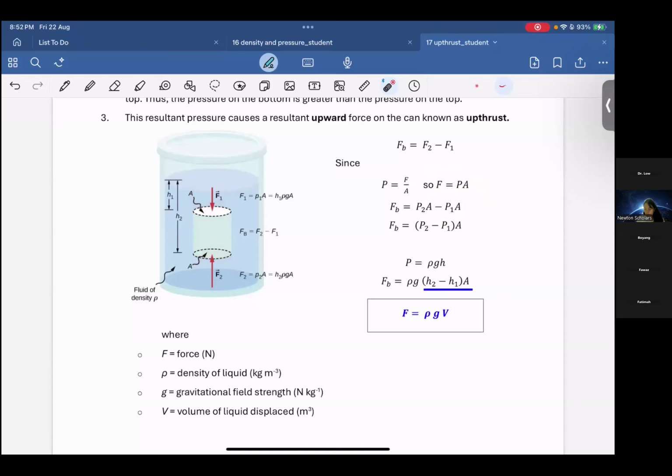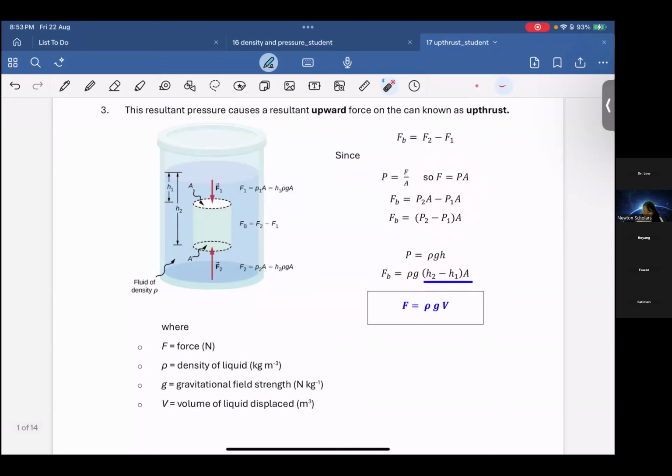The surface area is the same, so we factorize it: P2 minus P1. Pressure is rho GH.